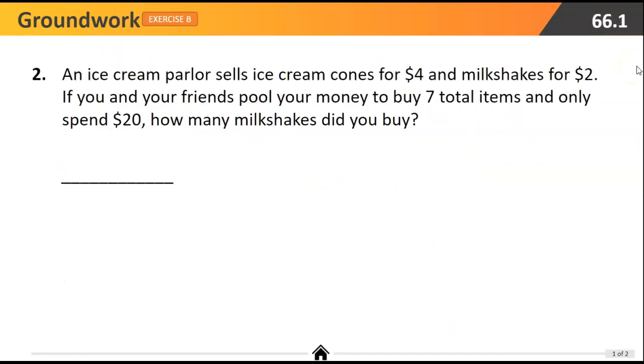This second one I'm going to set up, but I won't go all the way through solving. It says an ice cream parlor sells ice cream cones for $4 and milkshakes for $2. If you and your friends pool your money to buy 7 items and only spent $20, how many milkshakes did you buy? So we have 4 per ice cream cone and 2 per milkshake, which is going to equal the total money.